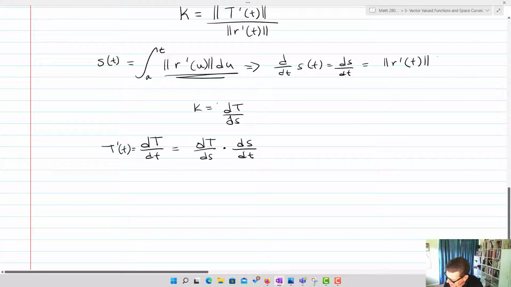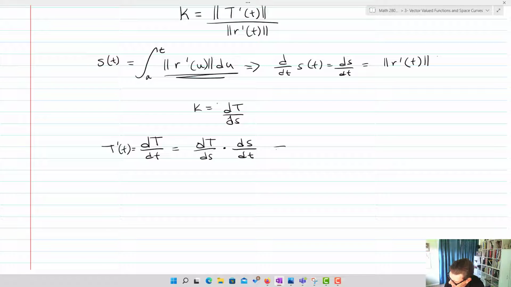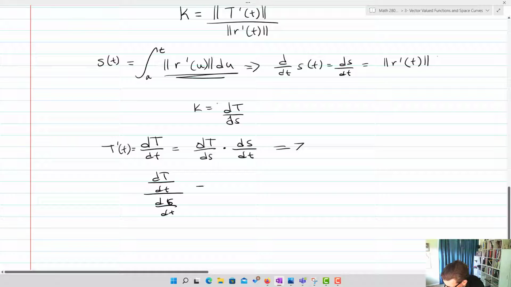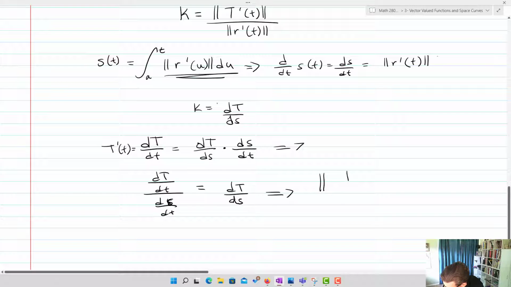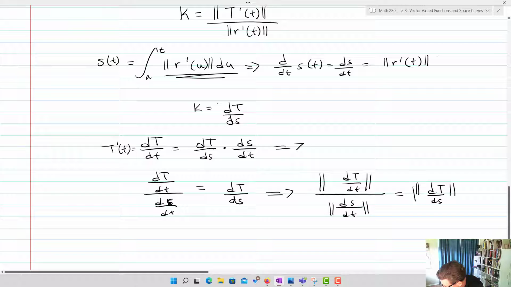So what that means is that dT/dt divided by ds/dt is going to equal dT/ds. And if I take its magnitude, the magnitude of dT/dt divided by the magnitude of ds/dt is thus going to equal the magnitude of dT/ds, which is equal to my curvature.